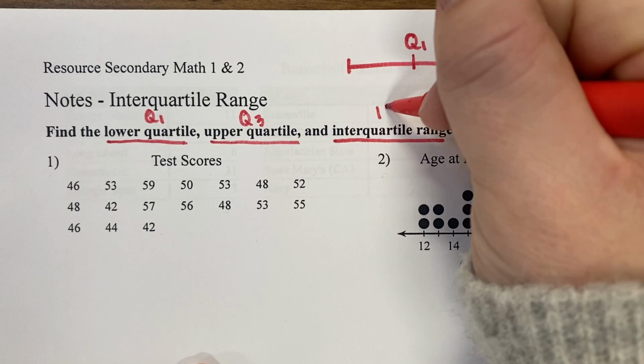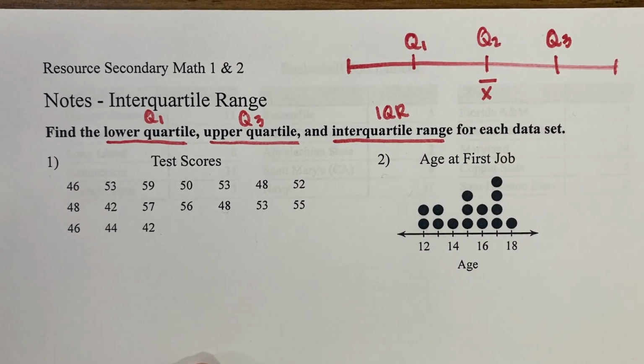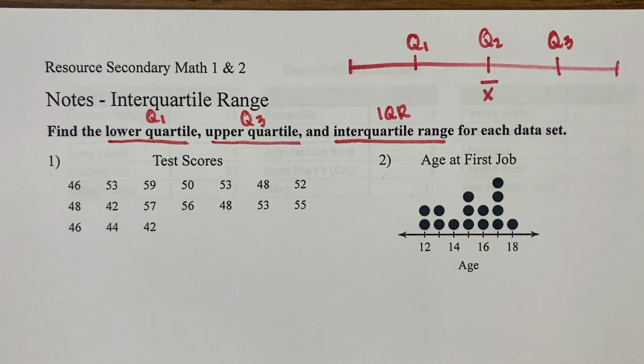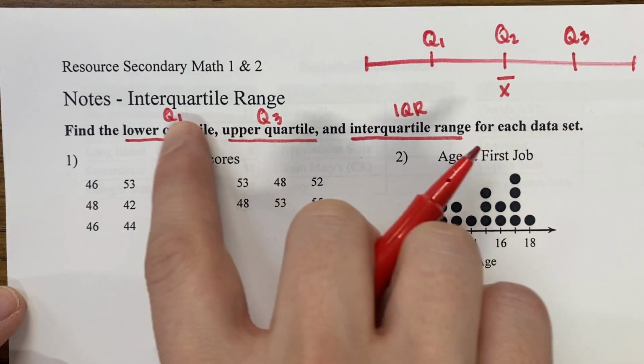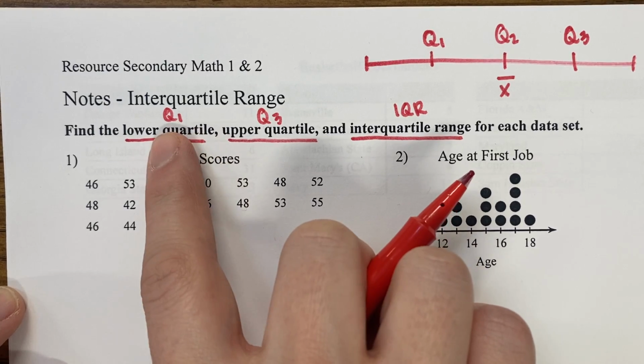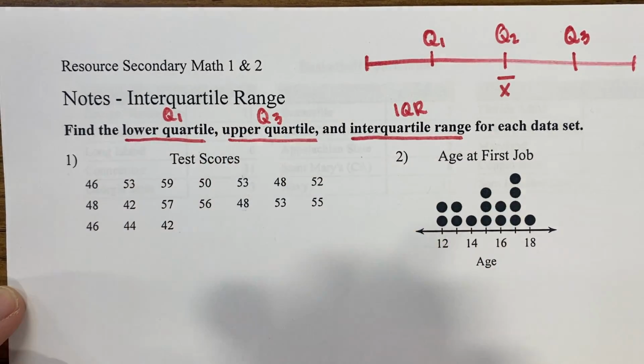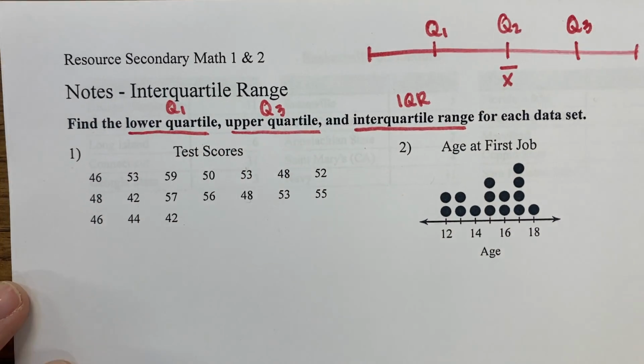We also call this IQR. Before we worry about IQR, let's talk about how we actually find quartile 1 and quartile 3, or our lower and upper quartiles.